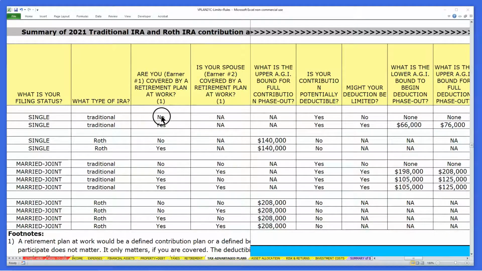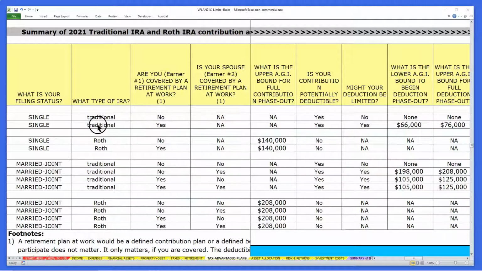First off, if a single person makes a traditional IRA contribution and they're not covered by a plan at work, there's no limitation on their deductions. So they're always going to be able to deduct that contribution. So a backdoor Roth wouldn't apply for this person. But let's assume that this single person did have a plan at work, whether or not they participated in it.